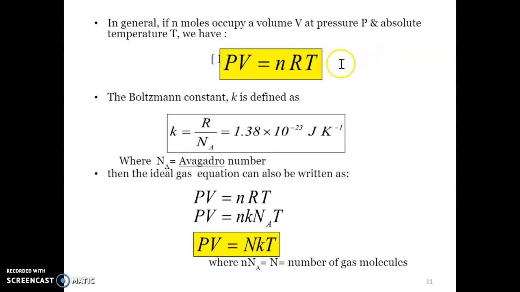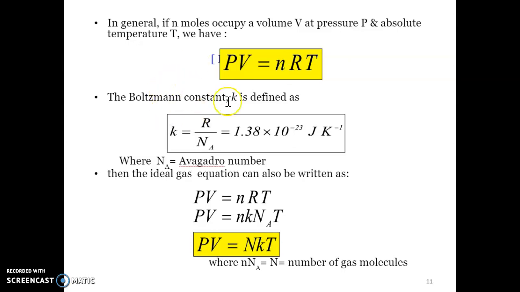In reality, all the gas molecules are not ideal. But to put it into theory, we have to assume that all the gas molecules are ideal. Ideal means perfect.